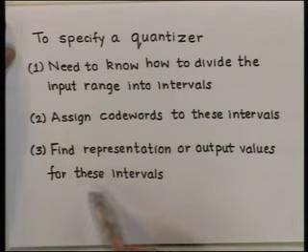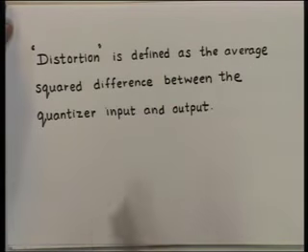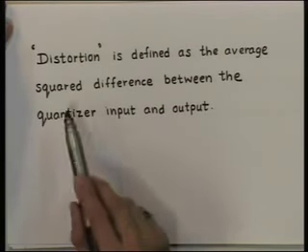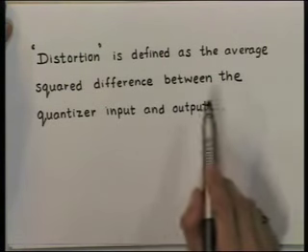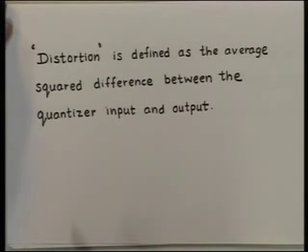We need to do all this while satisfying distortion and rate criteria. Now, distortion is defined as the average squared difference between the quantizer input and output.